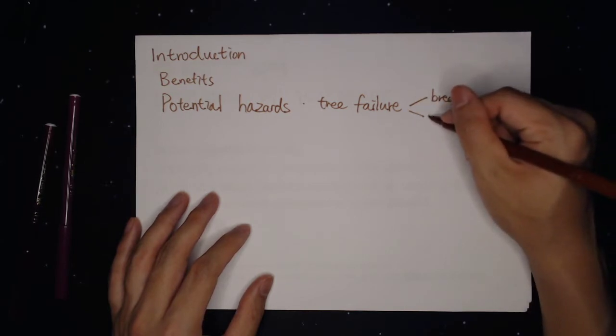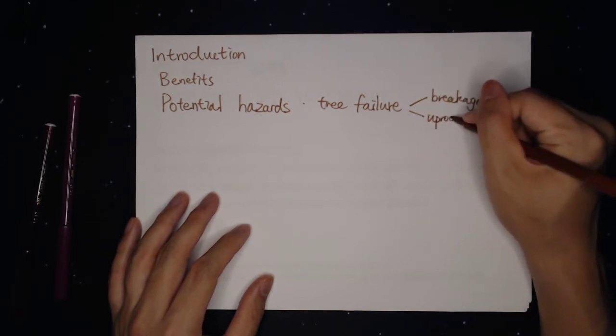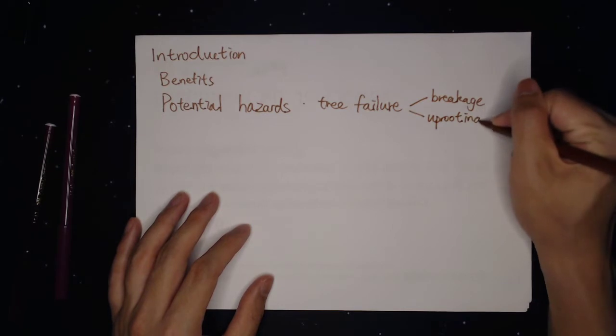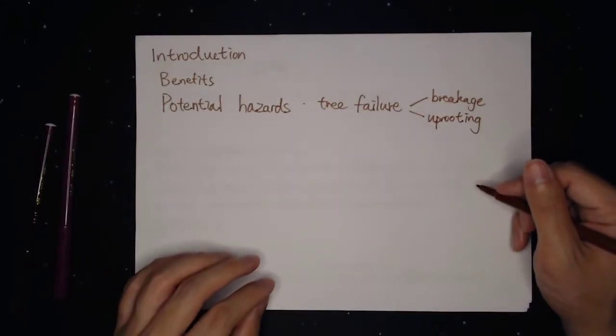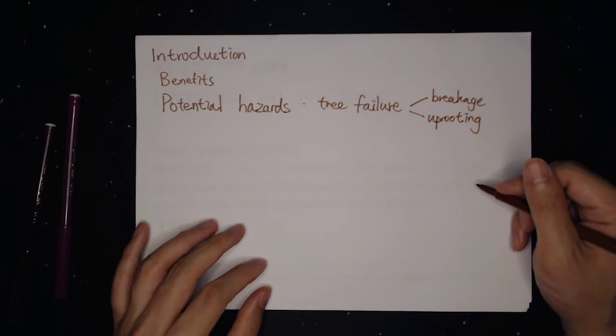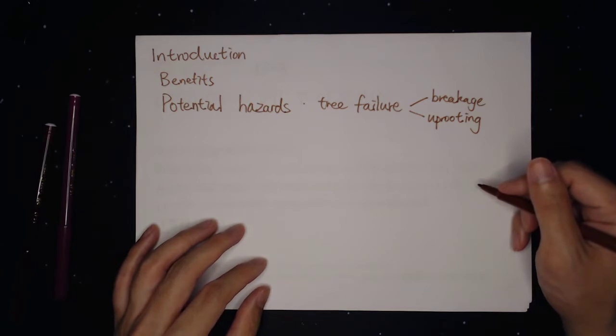And the other mode is called uprooting, meaning that the whole tree is uprooted. The weakest point of the tree is in its root system. So the whole tree could be described as being plucked up by external forces like wind.